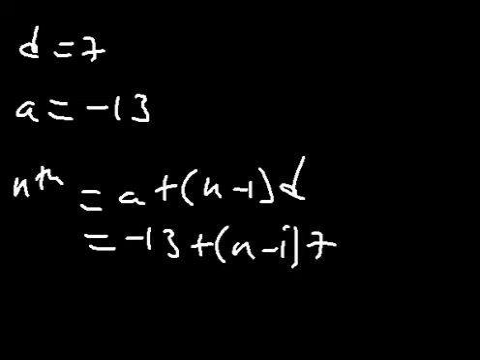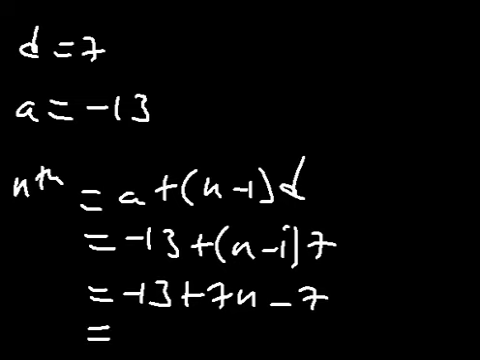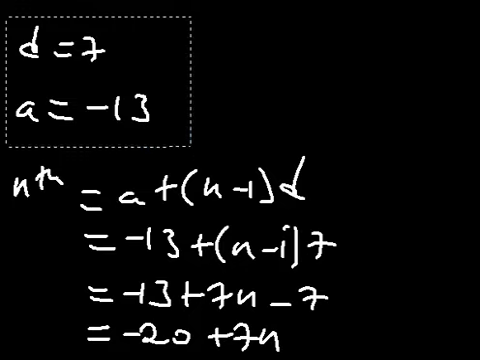The common difference is given as 7. So which means we'll have negative 13 plus 7n minus 7, which is the same as negative 20 plus 7n. So this is actually the nth term formula, you should understand. So that is now the nth term formula.